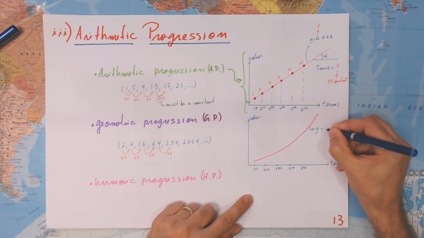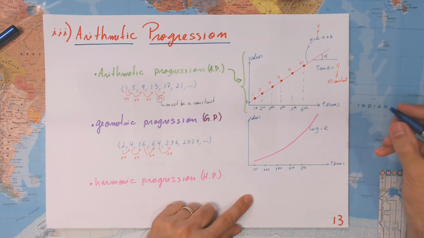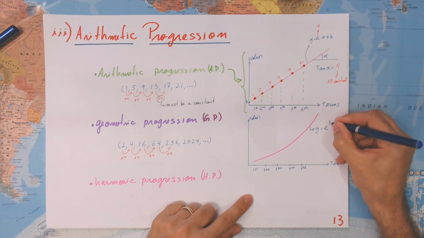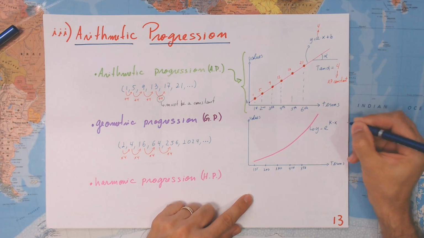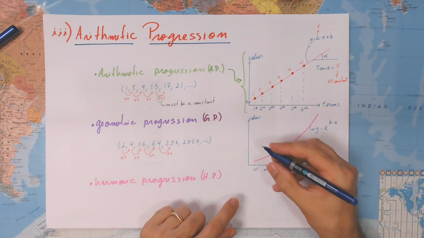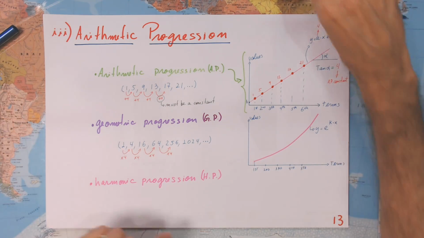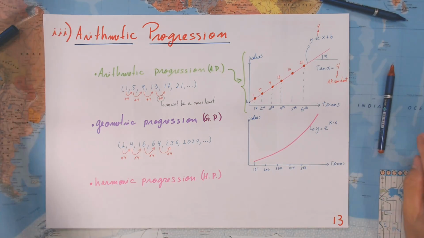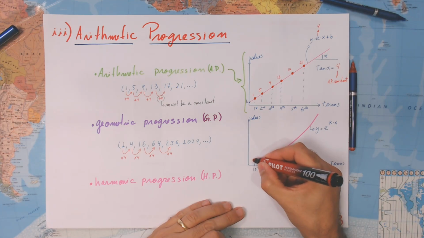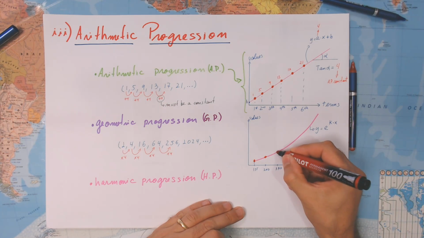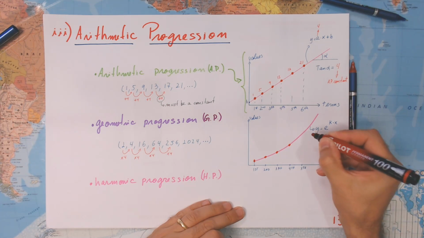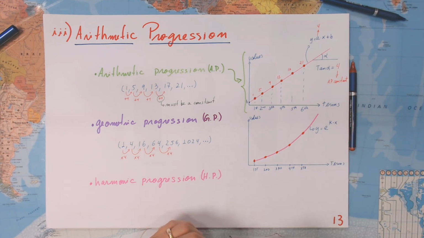Now, this is an exponential, and the exponential curve is like this. Y equals exponential of any number times x. This is going to be the kind, and it would be something like this. This is our first term, our second, third, fourth, fifth, and so on.